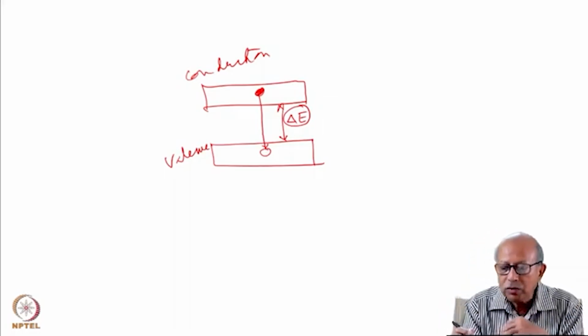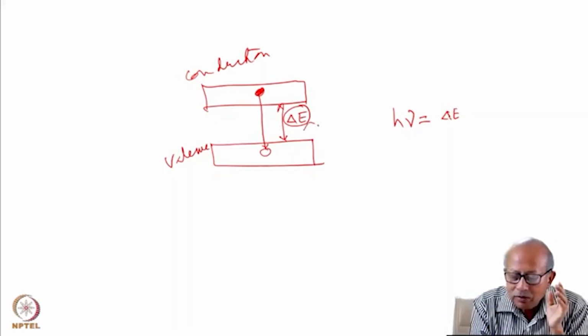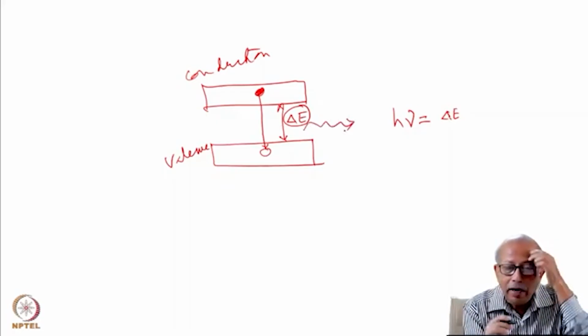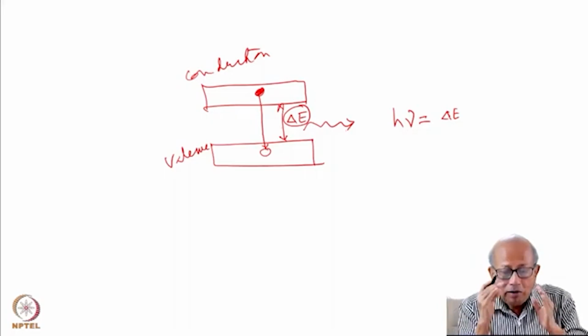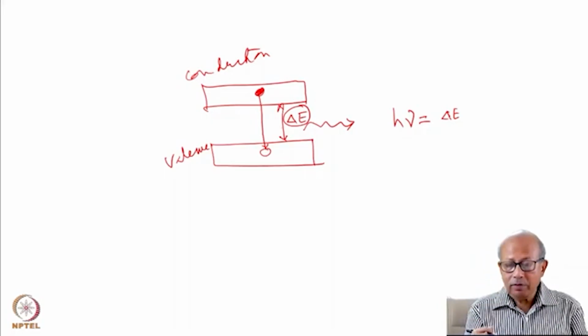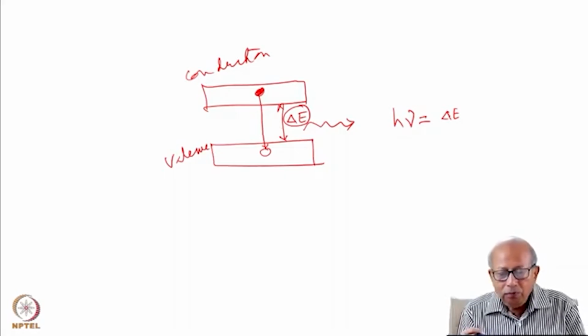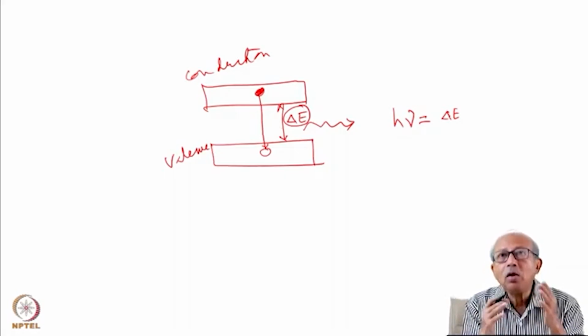So if the photon's frequency is nu, then the photon's energy h nu must equal delta E. So that means a diode, when it is forward biased, can emit light. And this light would be emitted by spontaneous emission.